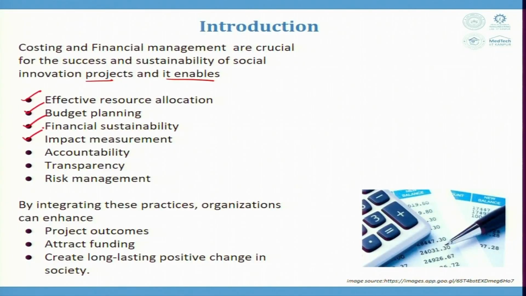Then impact measurement. Impact measurement will be covered in detail in the 4th lecture of this week. We will talk about the social impact analysis that we will try to see. Accountability, who will be accountable for what you are doing in your product, will be covered in this week here.